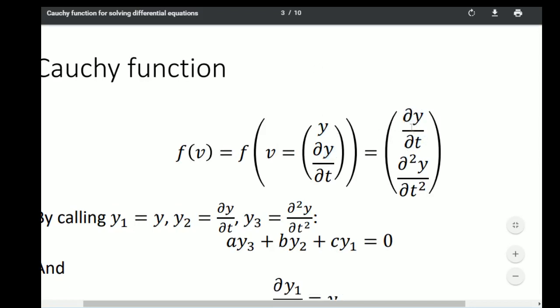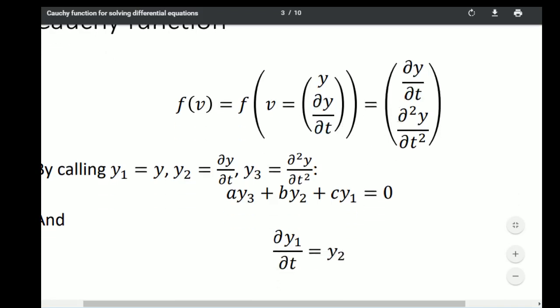So the top here equals the bottom here, while y3 here can be expressed linearly as a function of y2, y1, and constants.